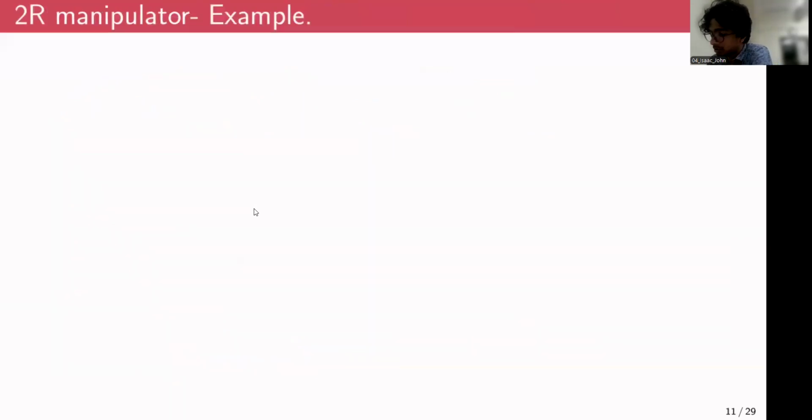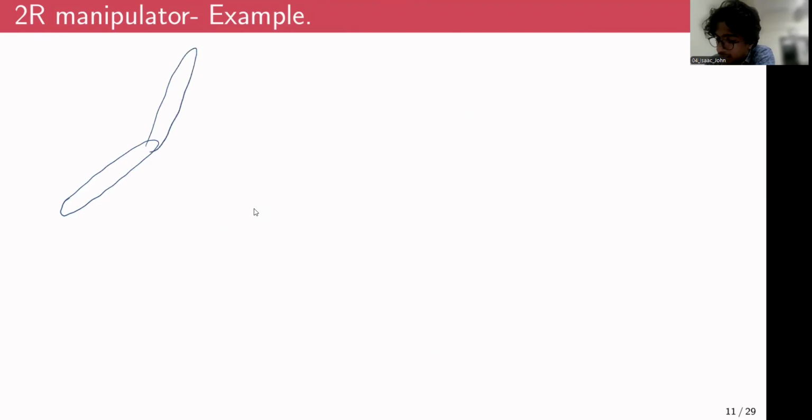All right. So we'll now move on with a small exercise with a 2R manipulator on how to assign the DH parameters. So I'll just have a brief representation of the 2R robot. This is one link.